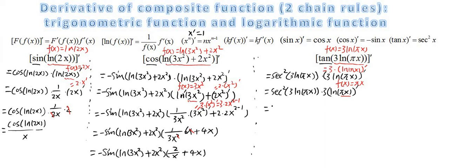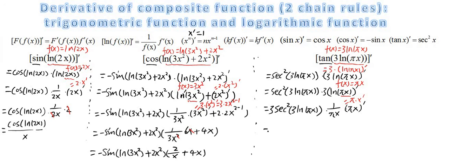Here the 3, we put the 3 in front of this function. 3 ln pi x times 1 over f(x). f(x) is pi x times the derivative of pi x. And again, we know the pi is a constant, so we can apply the constant multiple rule. We're gonna have pi times x prime. Okay, and x prime here is 1.